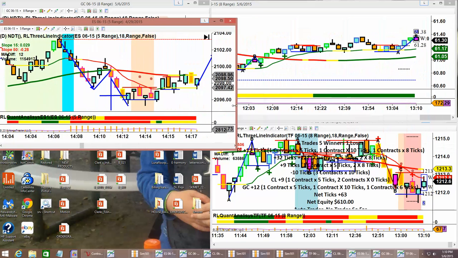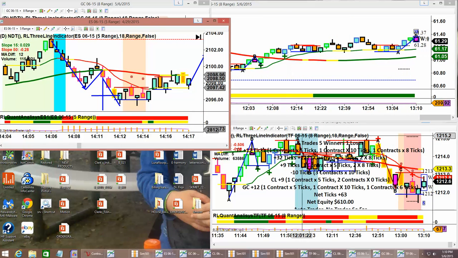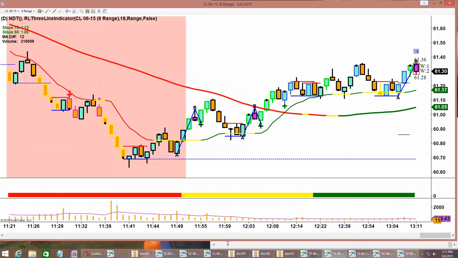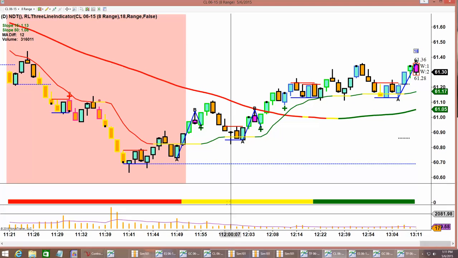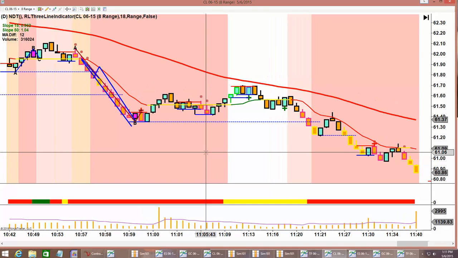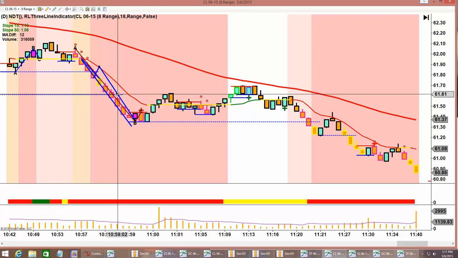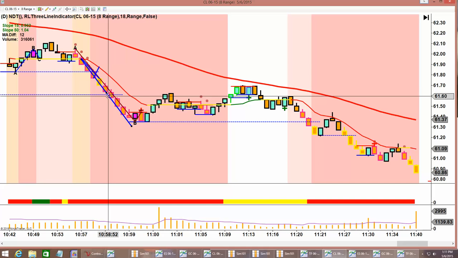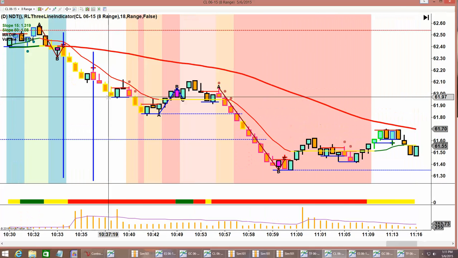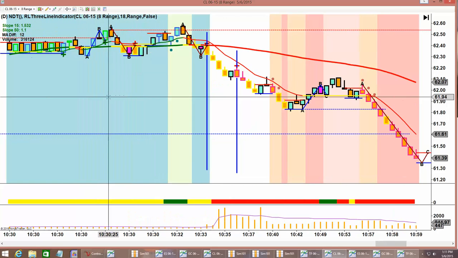Put this back. And let's move to crude. Now you'll see that crude only has one line. That's because we could only find three markets that correlate with crude oil and with a sufficiently high correlation coefficient.